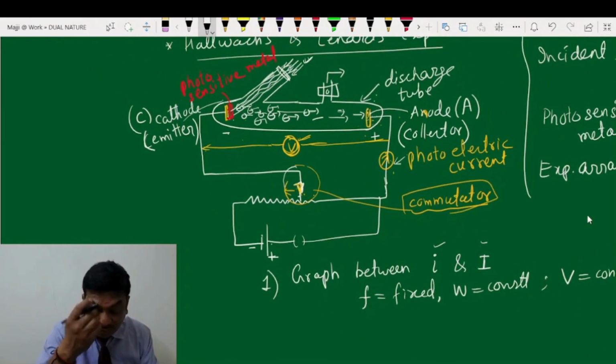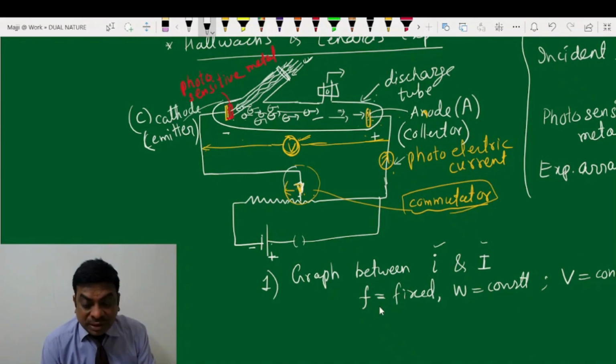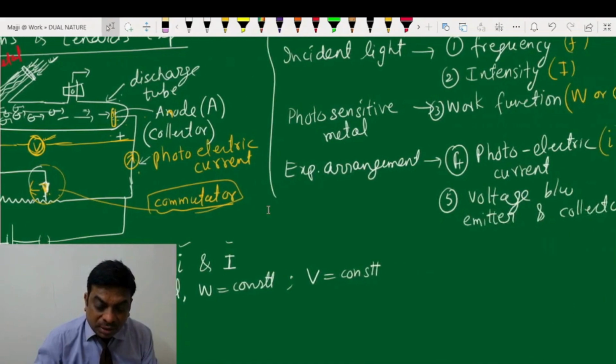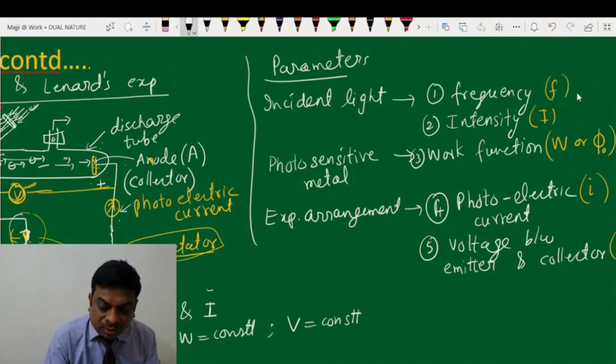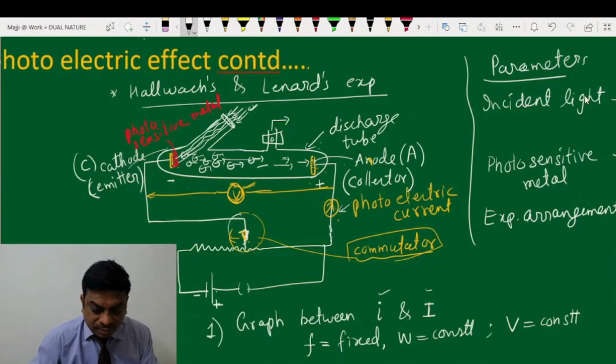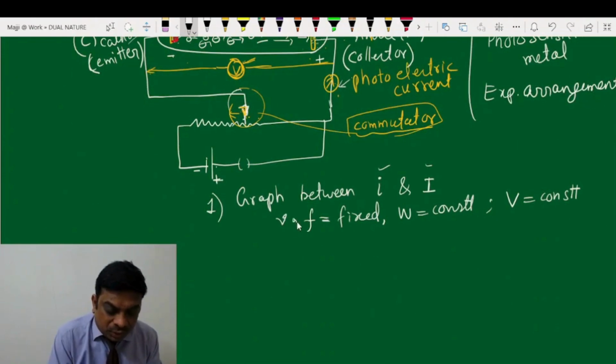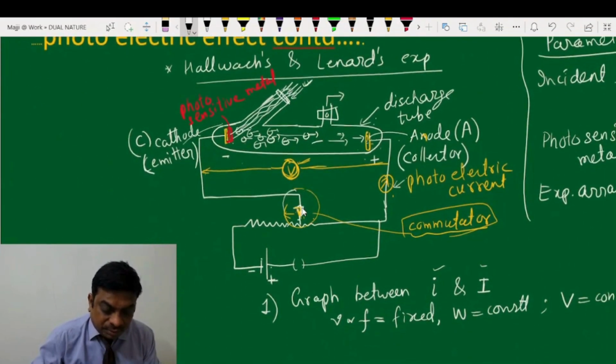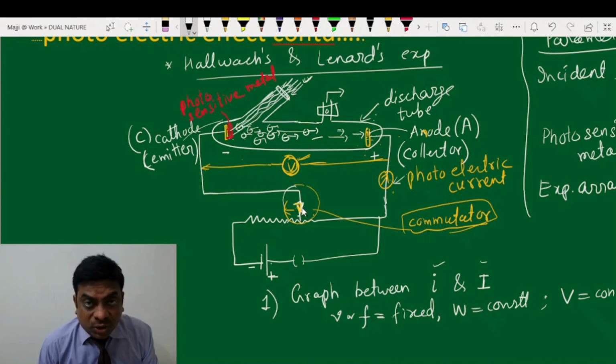See, we are assuming that the frequency is above the threshold frequency. In certain books they denote frequency with nu also, not a problem. Assuming that the frequency is greater than the threshold frequency, we can observe the photoelectric effect naturally.